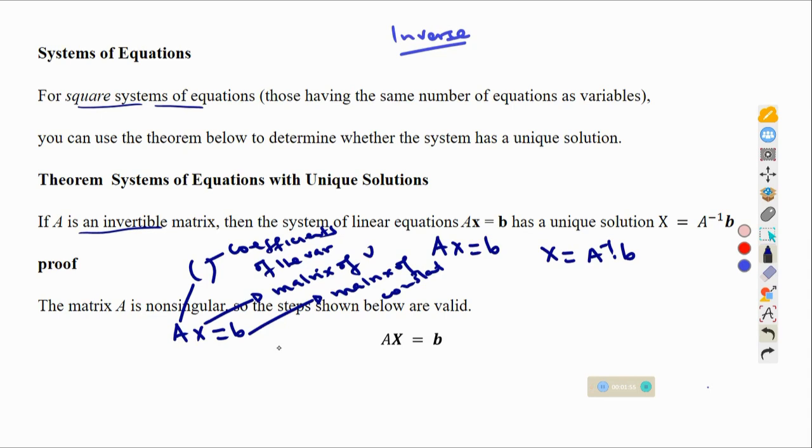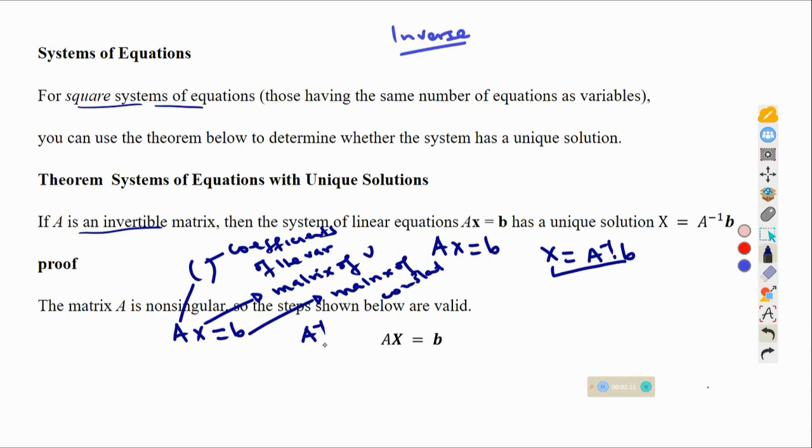Now, let us first of all show that if A is invertible, then the solution to this system here will be given by X equaling to A inverse times B. So since A is invertible, we can say that A inverse, or its inverse, exists.